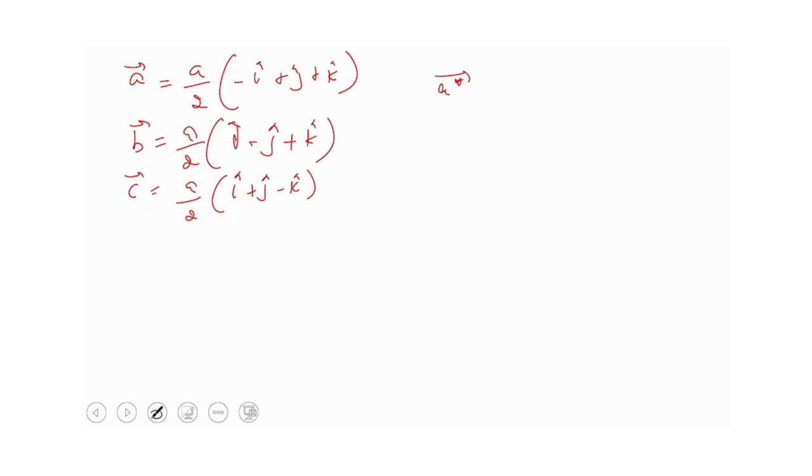Calculating A star equals 2 pi by V times B cross C, where V is A dot B cross C.